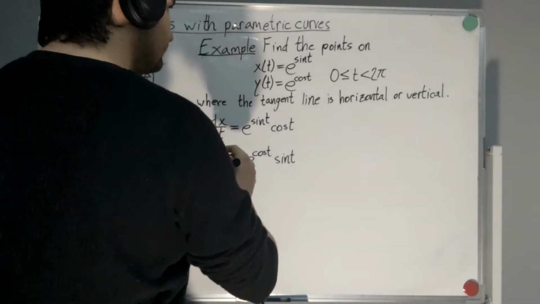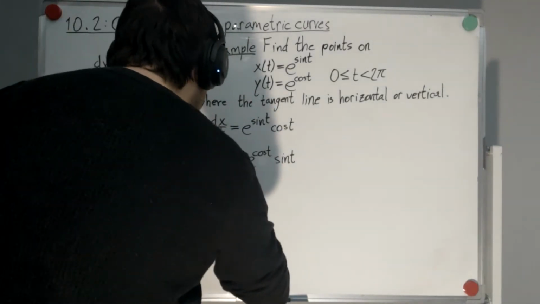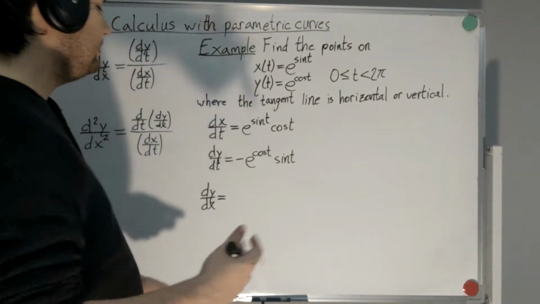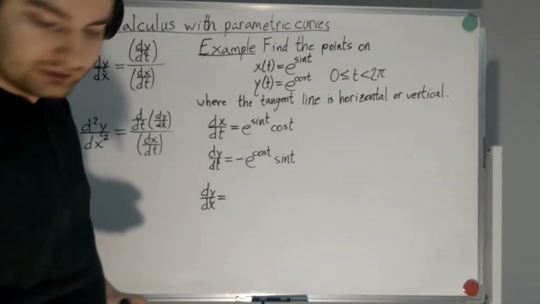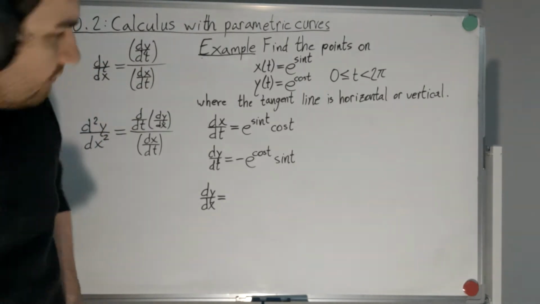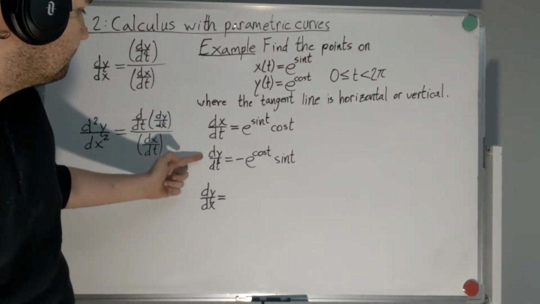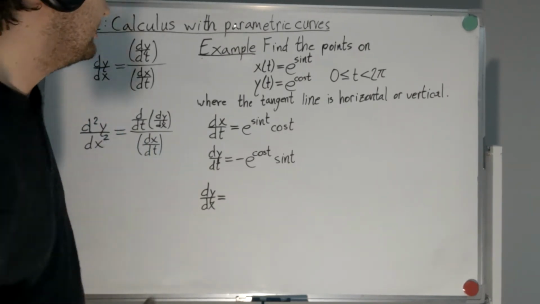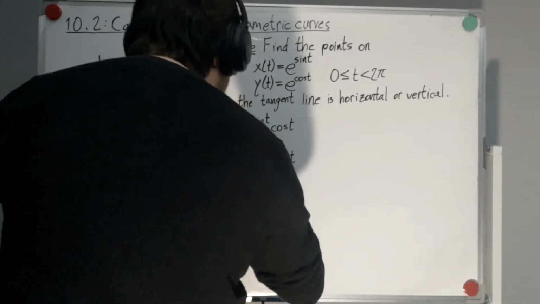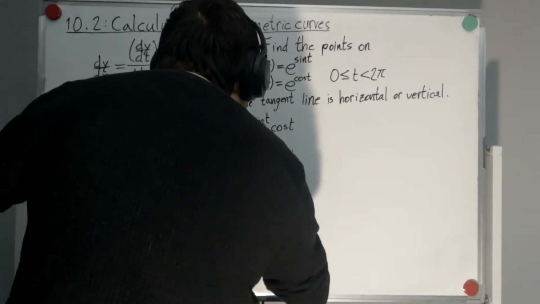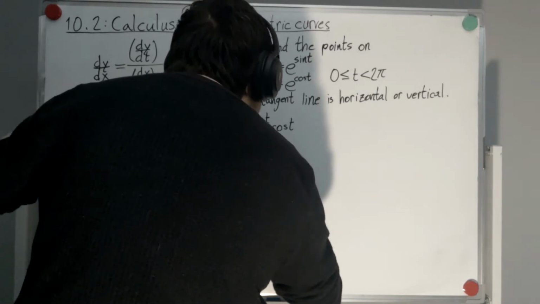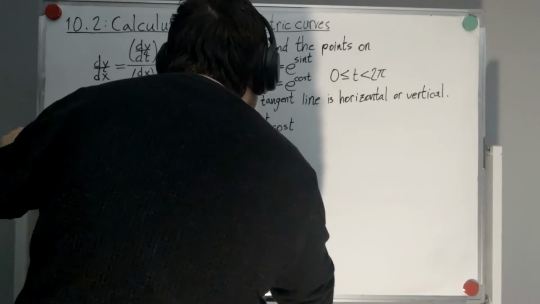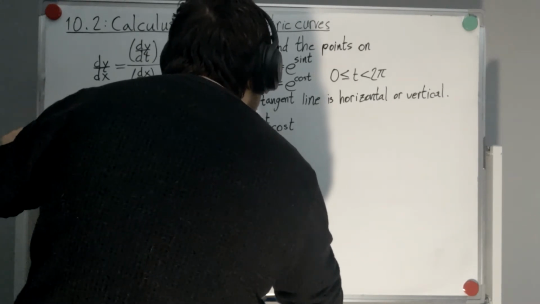Okay, so then dy dx is just going to end up being dy dt divided by dx dt. Yeah, I made a big mistake in my notes. Jeez. Okay. So dy dt divided by dx dt. So this becomes negative e to the cosine t times sine t divided by e to the sine t times cosine t.